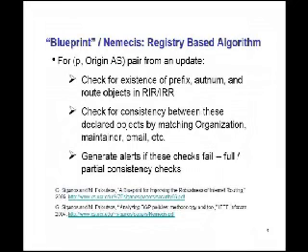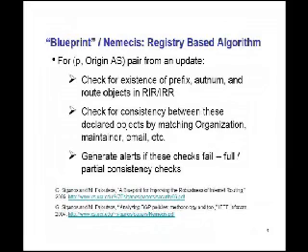Nemesis is well known. It was published a few years ago. It was presented in NANOG as well. It's based on registry data. So it takes prefix-origin pairs from the updates and checks for consistency with the inetnum, autnum, and route objects in the RIRs and IRRs.